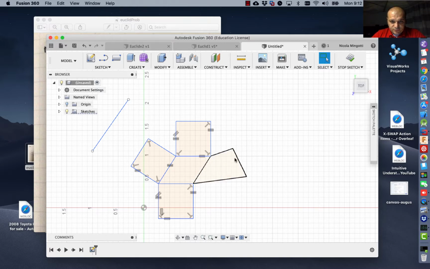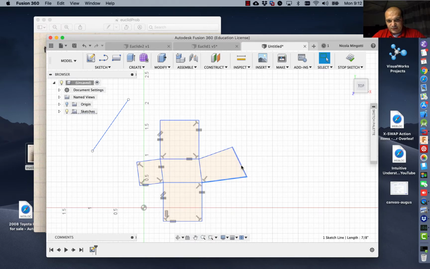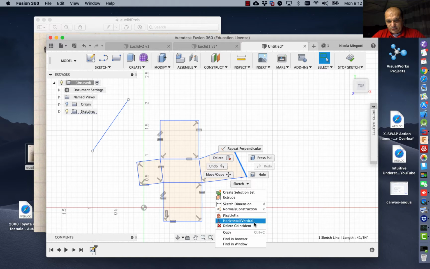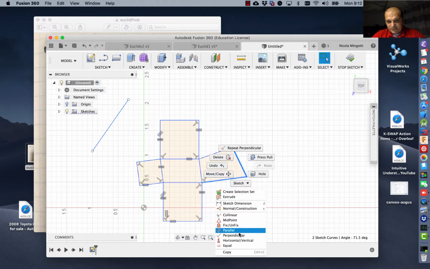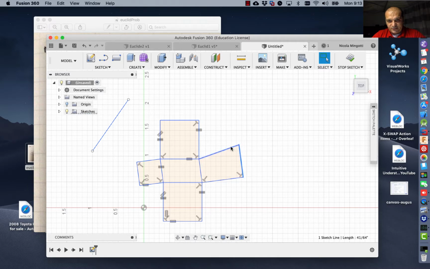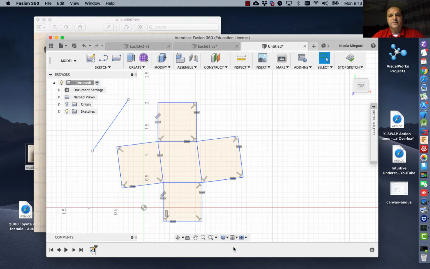So, for example, this figure, we want it to be a square through constraints. So this line and this line perpendicular, this line and this line perpendicular, this line and this line perpendicular, and this line and this line must be the same length, so equal.